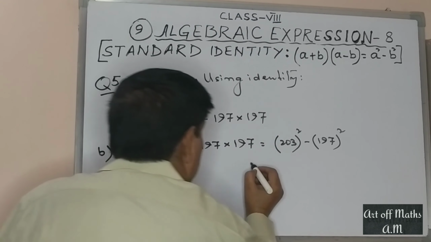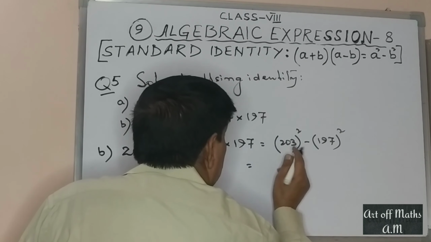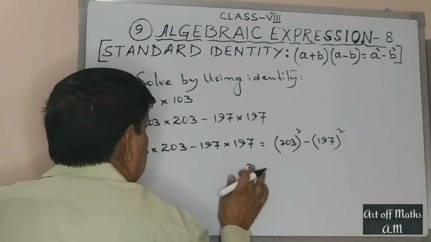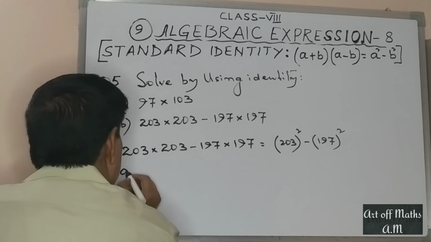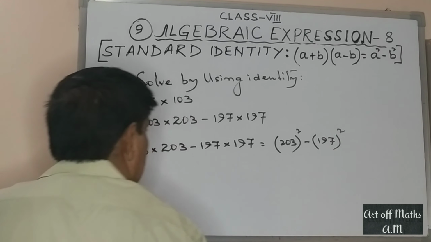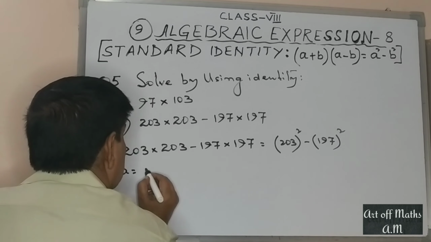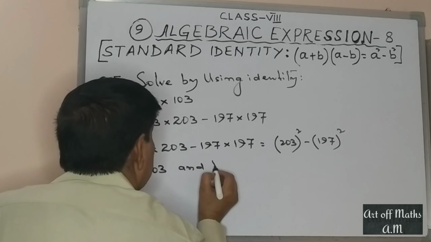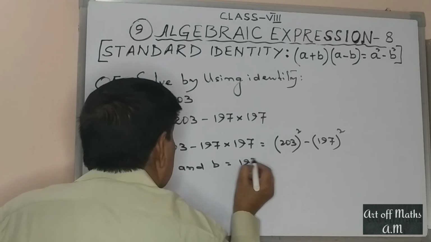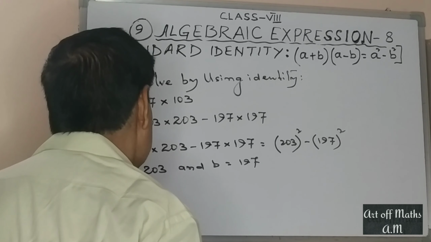Now let a equal to 203 and b equal to 197.